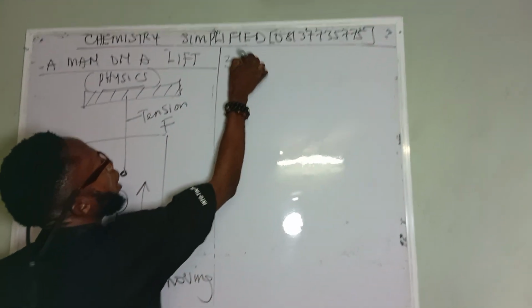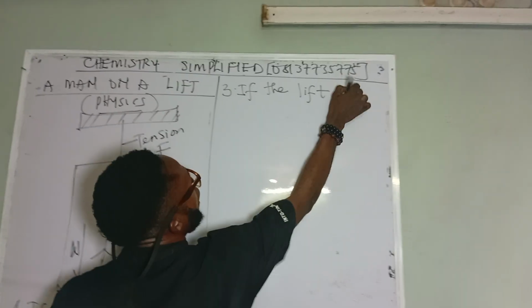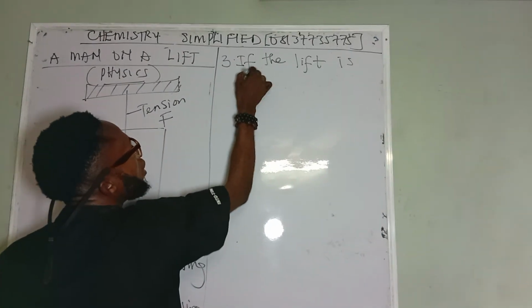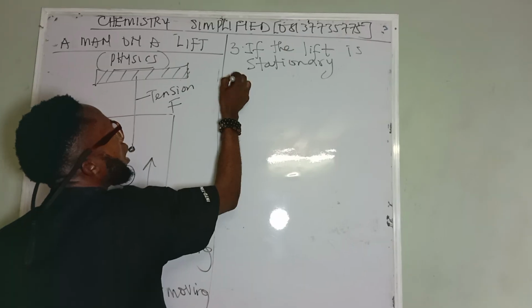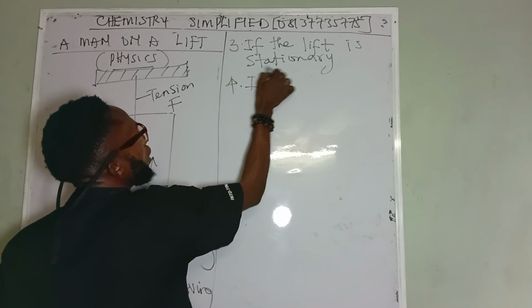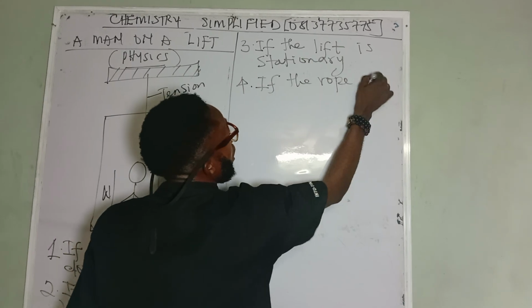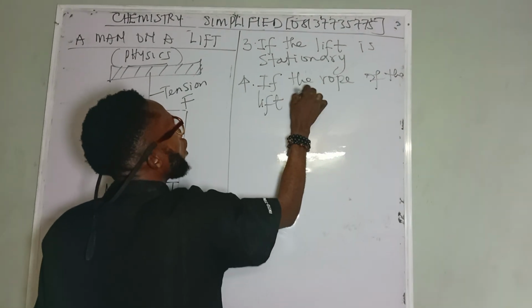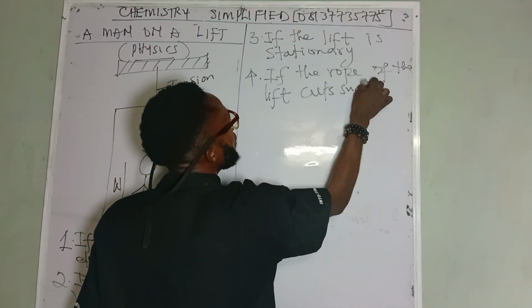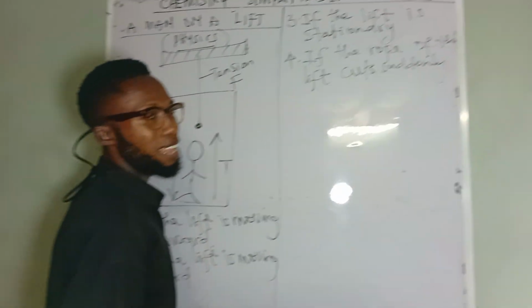Number 3, the lift is stationary. And the last one, the rope of the lift is cut suddenly. So these are the 4 things.